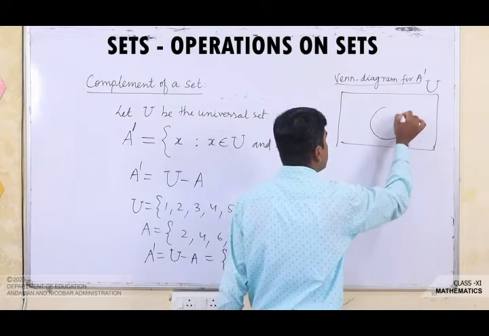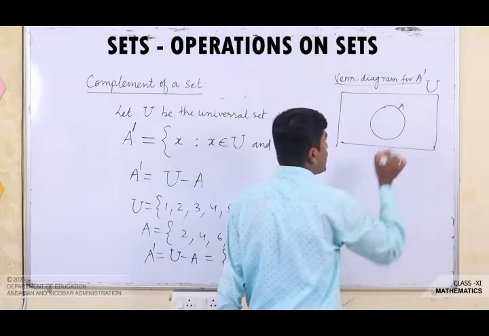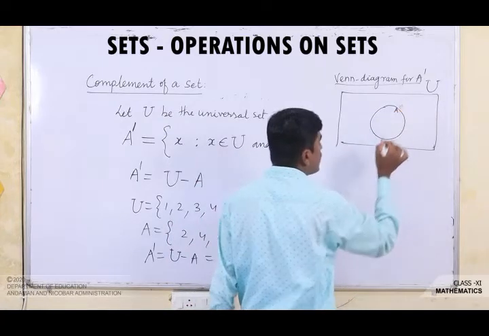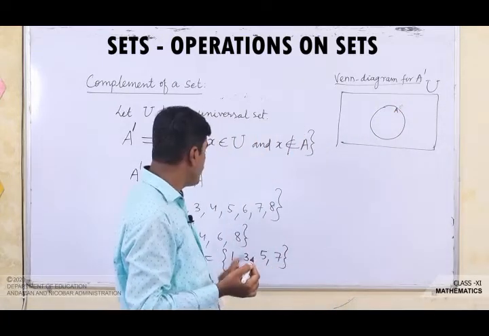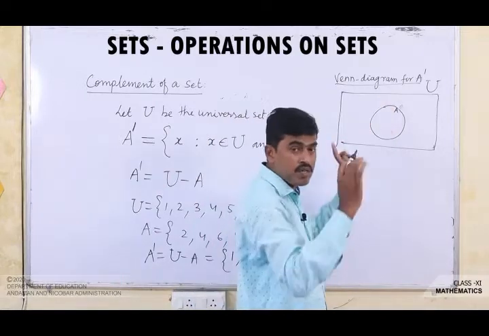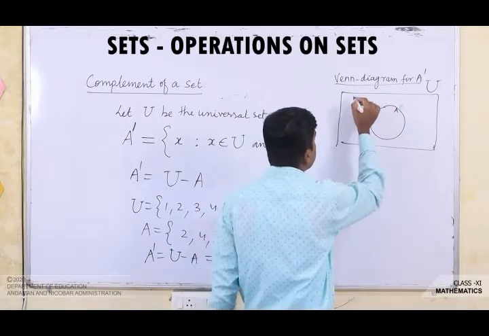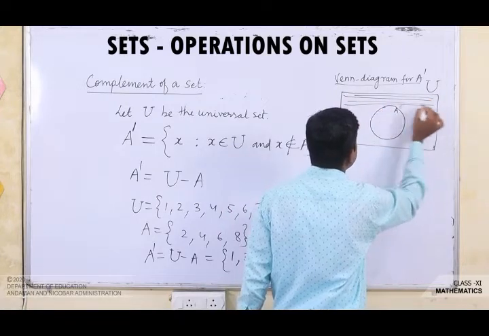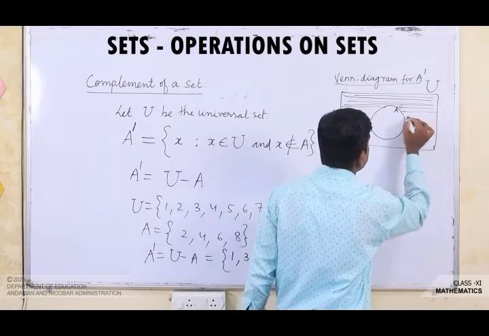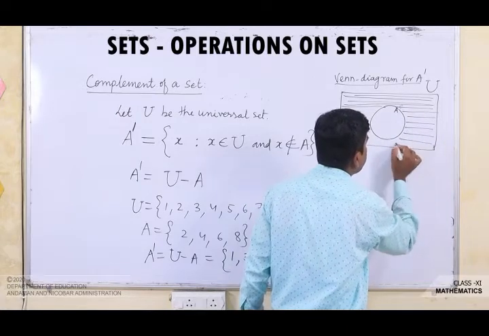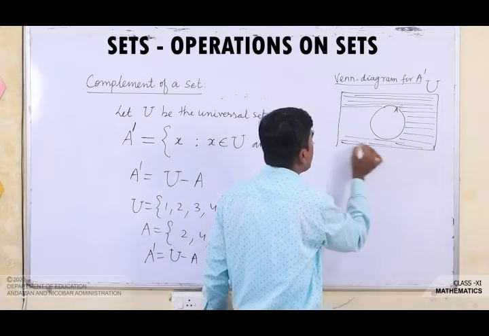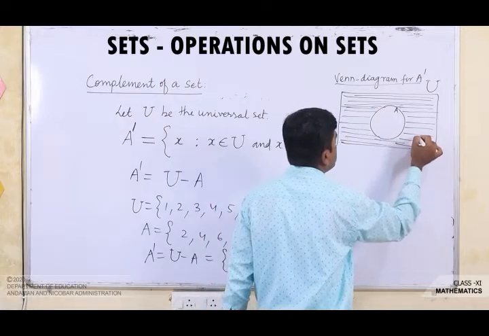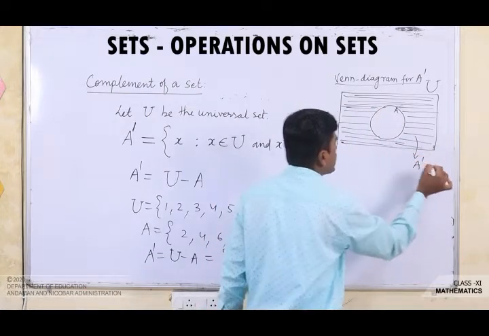Now draw the circle A for the set A. This is the set A. A complement means not A, excluding A. That means we have to shade all the region outside this A but inside the rectangle. This shaded region represents the complement of A, this shaded region represents A dash.